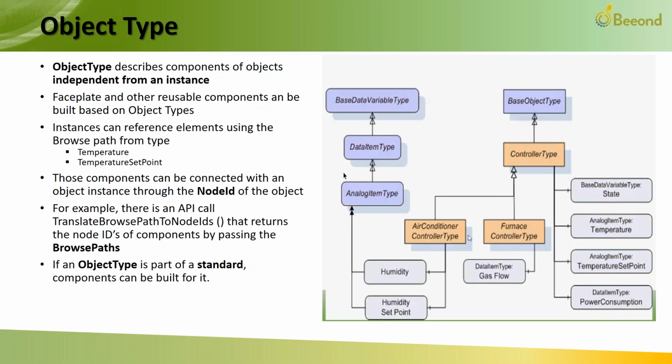There's an air conditioner controller and a furnace controller that inherit all the variables of the parents and enhance them with their specific overrides. You have probably seen these kinds of strategies before if you dealt with any of the modern programming languages.